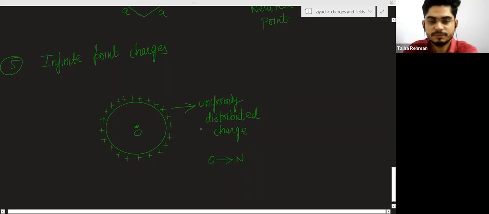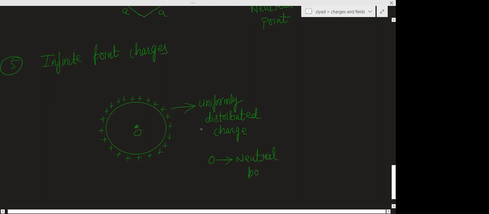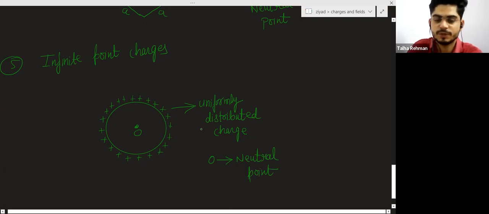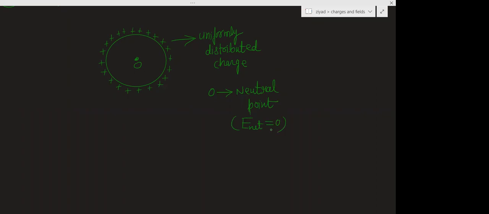Ziyad, are you getting what I am teaching to you? Yes, sir. Neutral point, O is the neutral point. So neutral point means net electric field equal to zero.